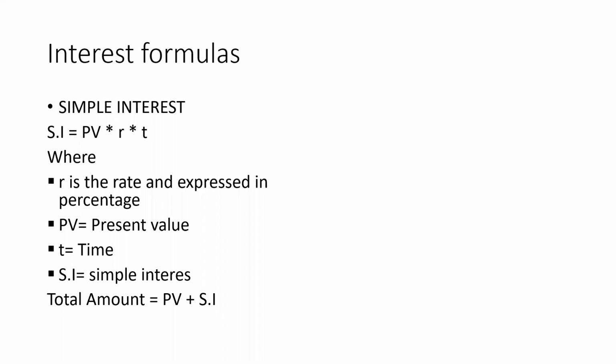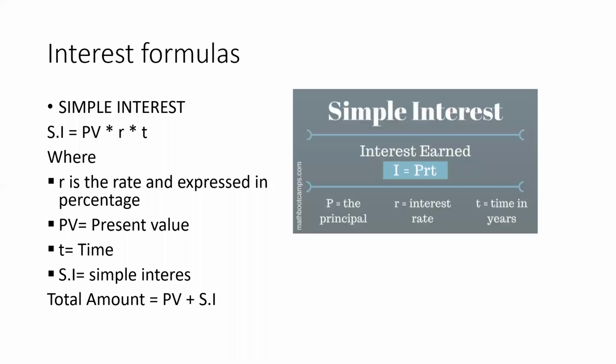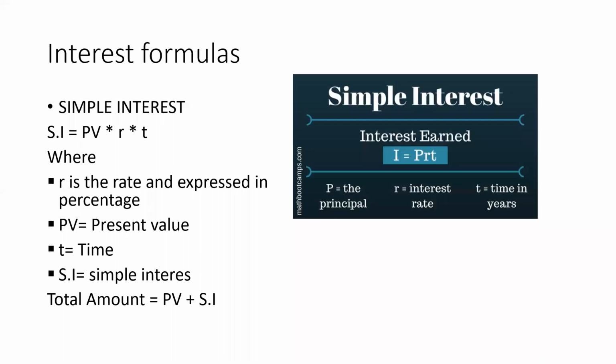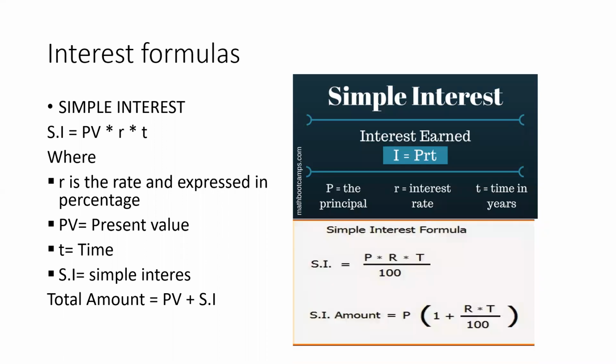So to further buttress the explanation of simple interest, I have a diagram here to analyze that better. Simple interest is expressed as I equals PRT, and the R there is expressed in percentage, which happens to be the interest rate. And to further buttress, we have this formula giving the SI amount.